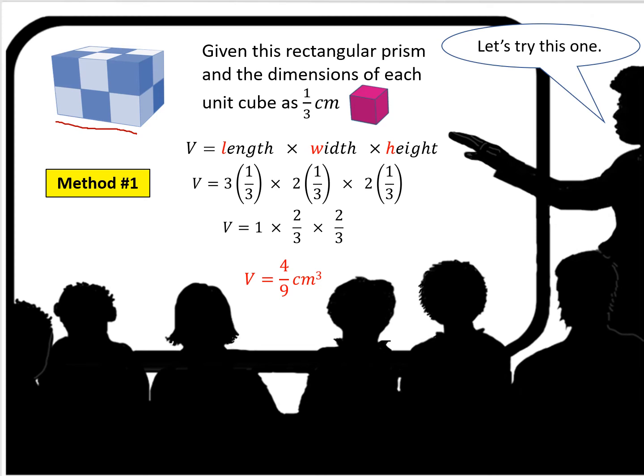And then we're going to have 2 times 1/3, which is going to be your width here. And then you're going to have another 2 times 1/3, which is your height. So your volume equals 1 times 2/3 times 2/3, and you find that the volume is 4/9. Let's see if that works out using the second method.